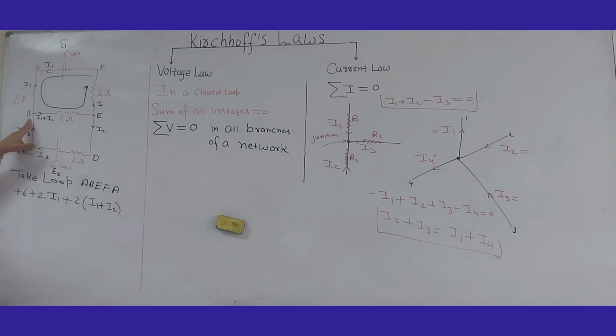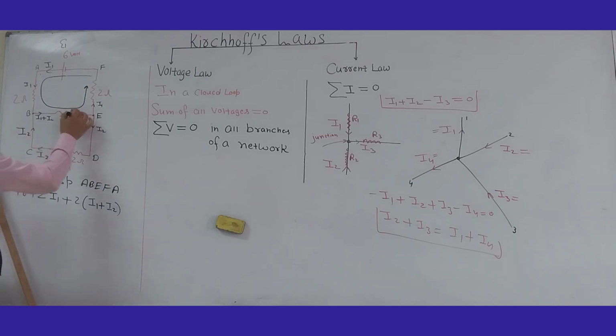So total at this junction must equal total at this junction. So conservation of energy: at all the junctions in any network, energy remains conserved, right? Energy remains conserved in any electrical circuit at any junction.